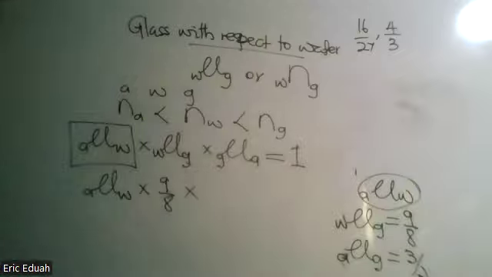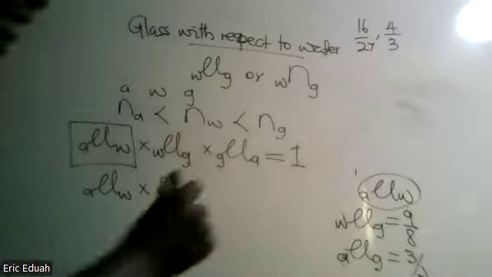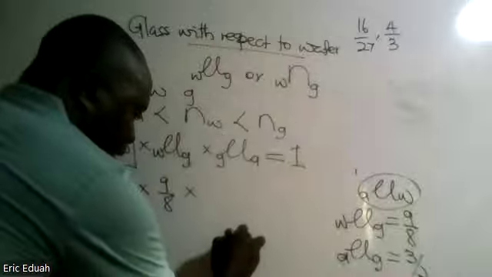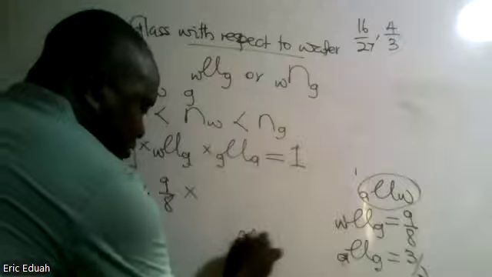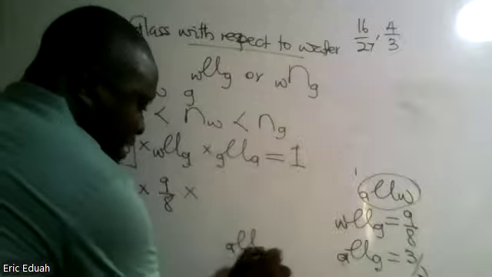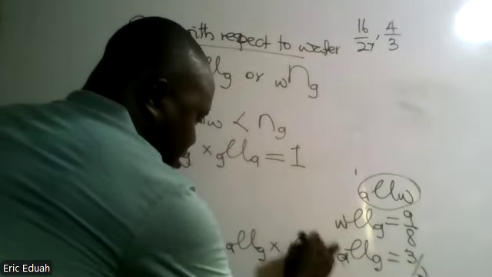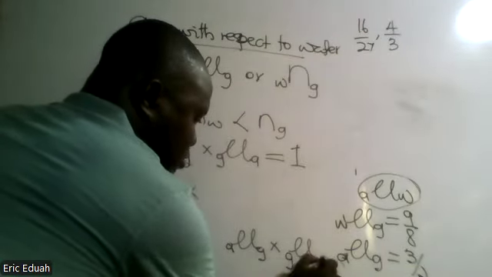But if you have two media, the refractive index from air to glass times its reverse, glass to air, must be equal to 1.